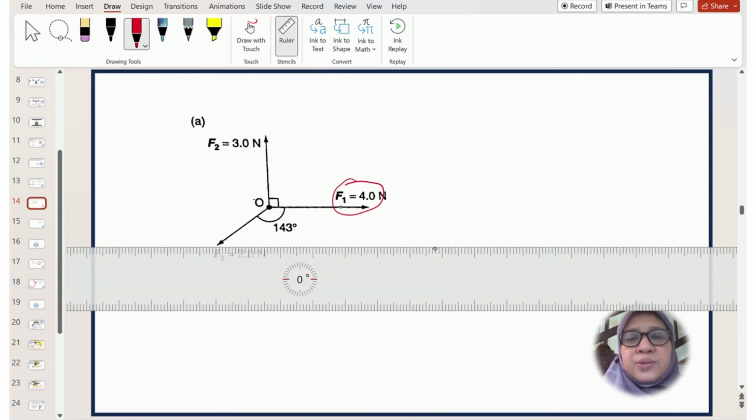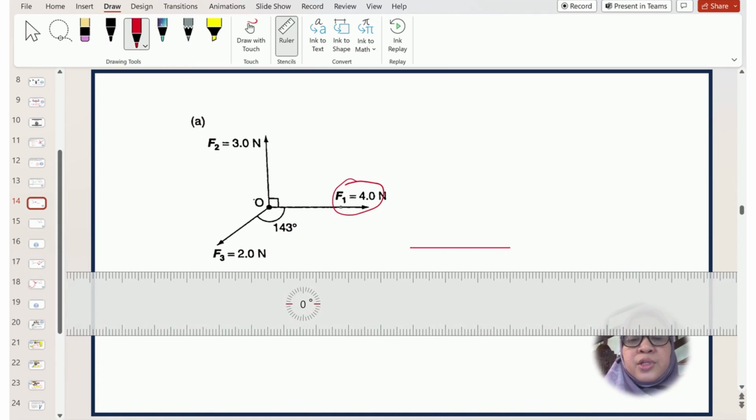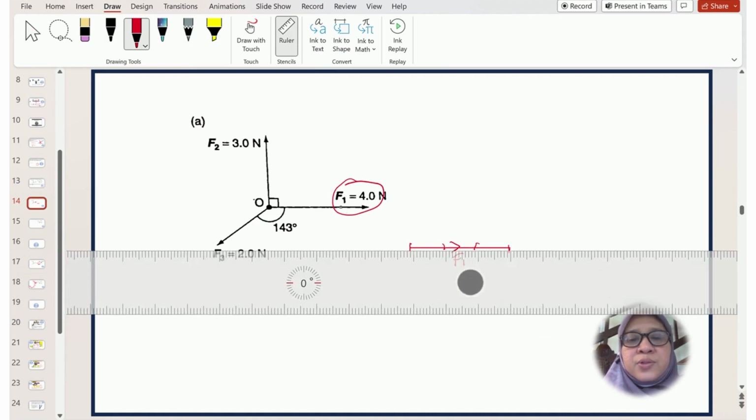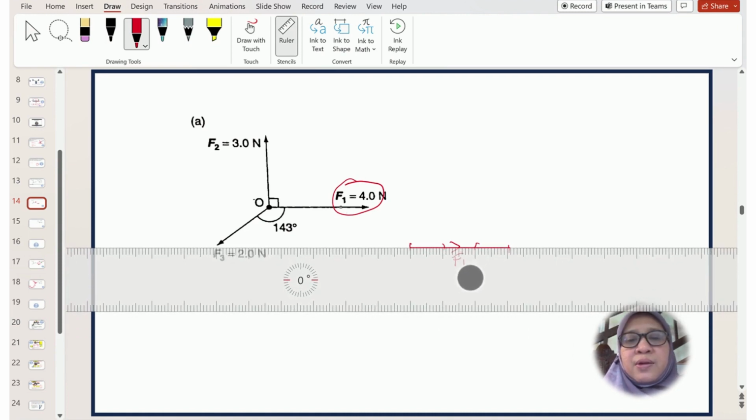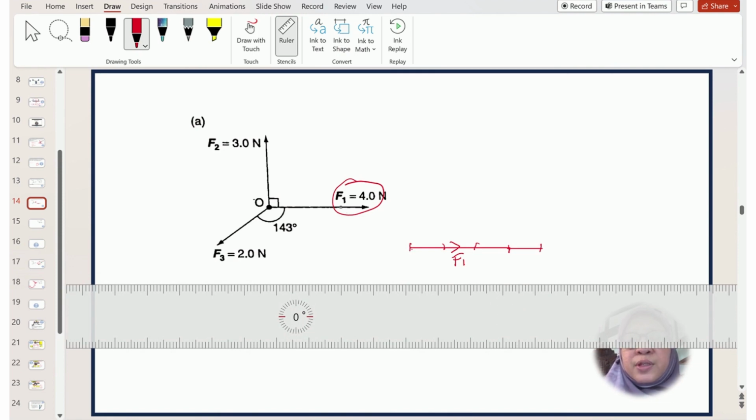So that means we draw 1, 2 and 3, to scale. Oh sorry, 4 Newton, so we need to add one more. Draw one more line, so that will be 4 Newton.